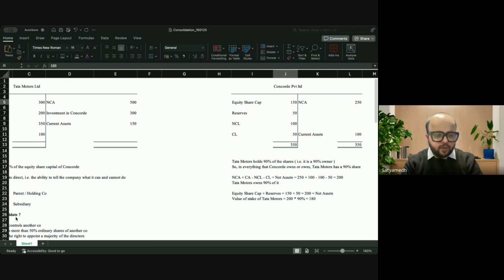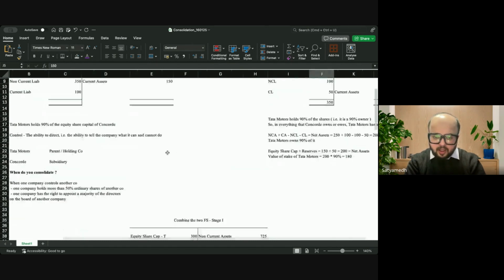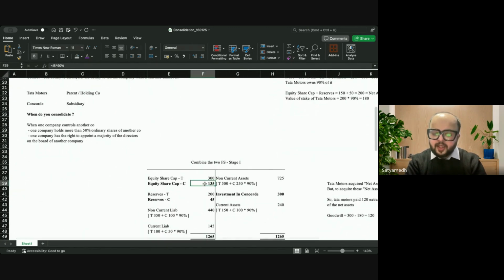Please put yourself on mute. See this 150 and 50. This is the amount belonging to shareholders, and 90% of it belongs to Tata Motors. So this is included here, which is why we showed their share separately.